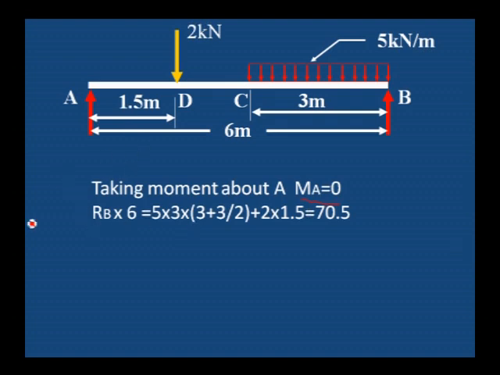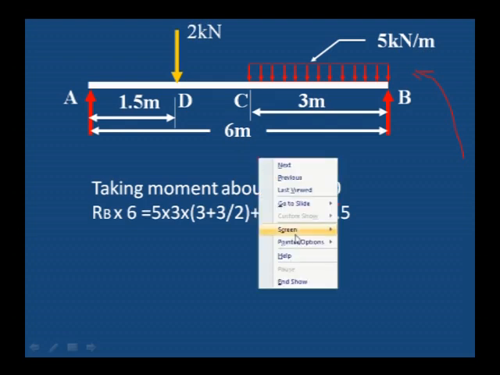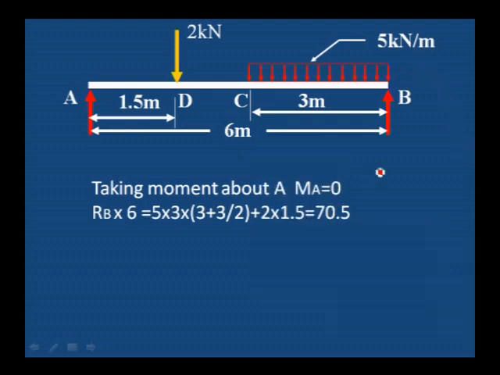Clockwise moment: RB into 6, reaction at B into the distance from A, that is 6 meter. RB into 6 is equal to 5 into 3, which is the load, the uniformly distributed load 15 kilonewton, into distance.